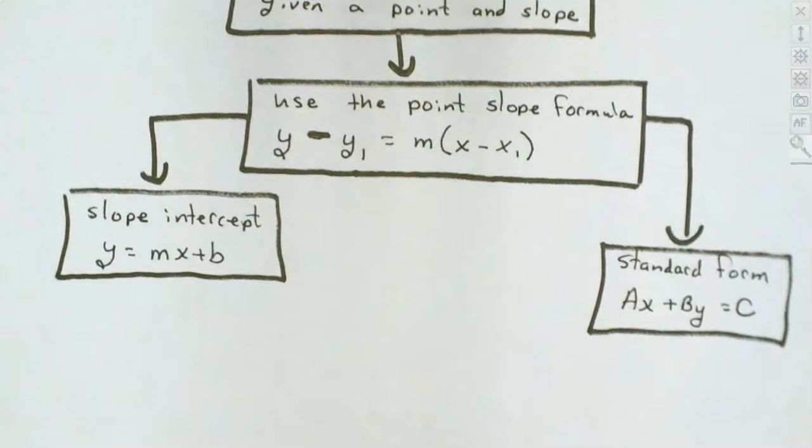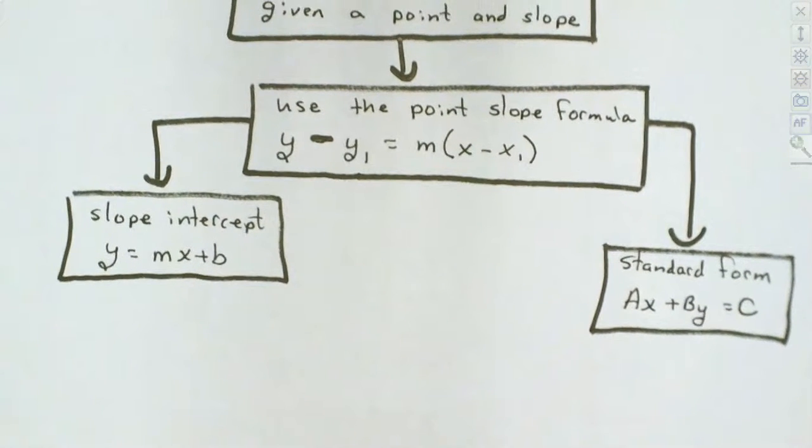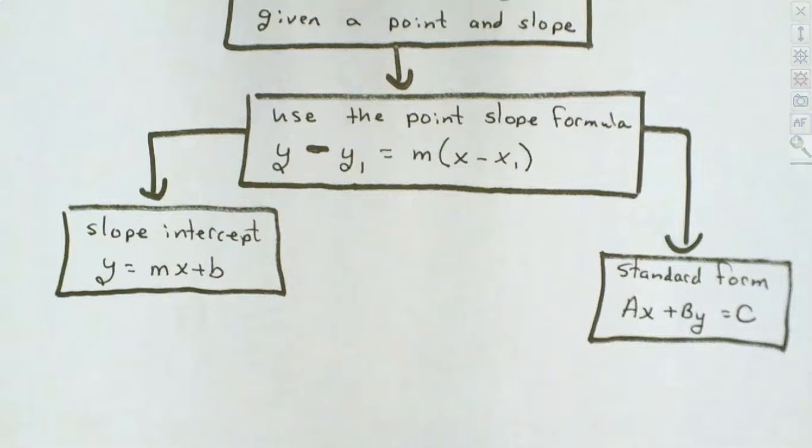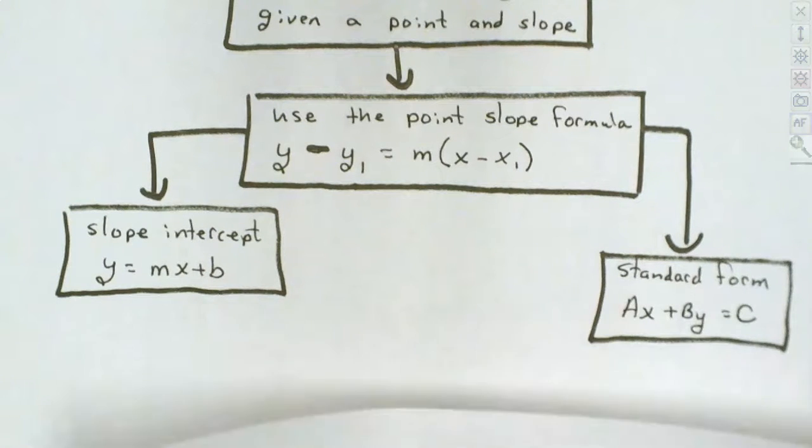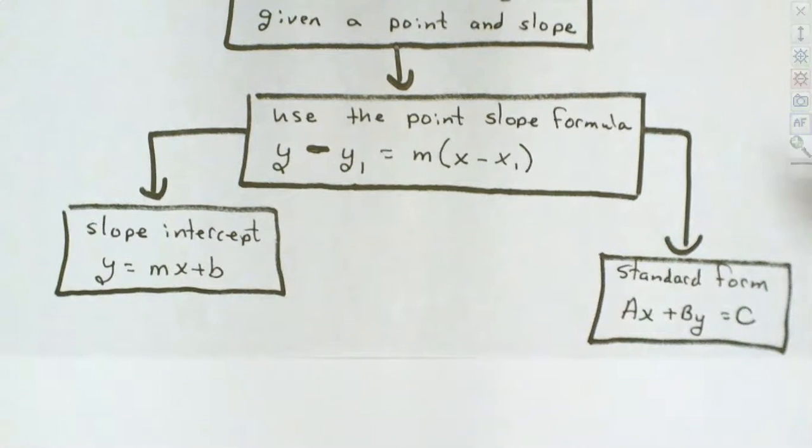And you can just keep copying if you need to. We're going to apply our point-slope formula. So we're going to find this equation. We're going to do two examples. One in standard, one in slope-intercept form.